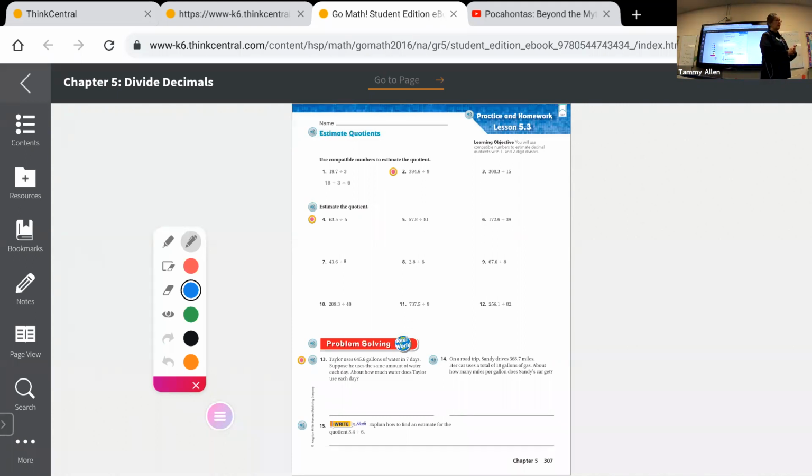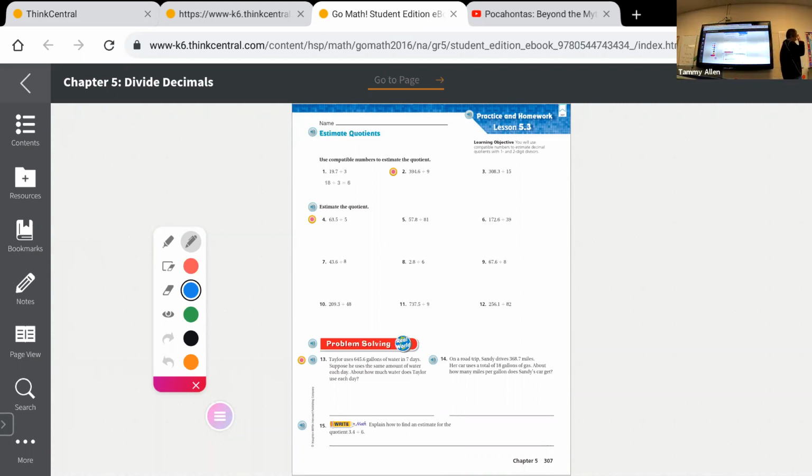All right. Now, a good place where we use decimals divided by a whole number is with money. So if you had like $5.25 and you had to divide it up by 5 people. Does that make sense? All right. So that's a decimal divided by a whole number.